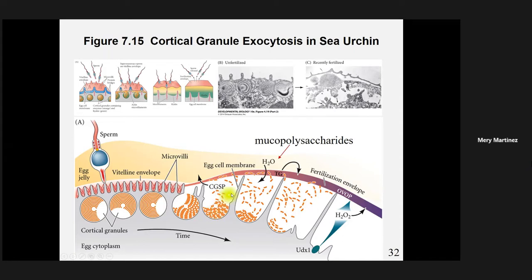Look at this cell membrane, how it starts separating from the vitelline envelope. Okay, this is the membrane and this is the vitelline envelope. And now that we have that space in between, it becomes the fertilization envelope. Water continues to go inside until we have all this hard layer here and no more sperm are able to attach, okay?